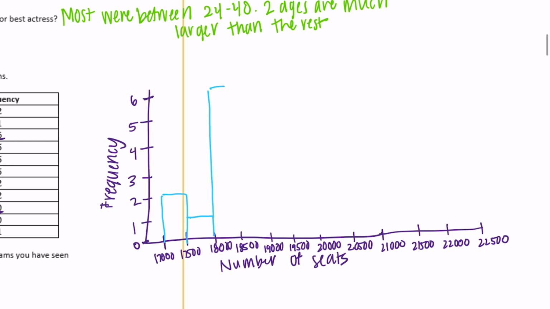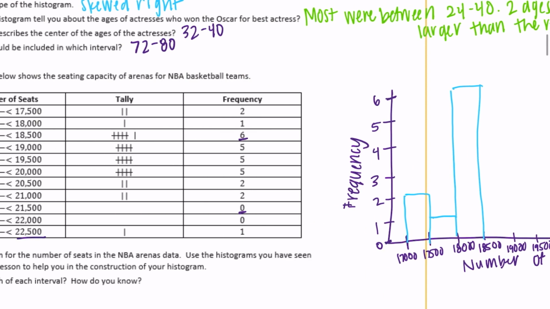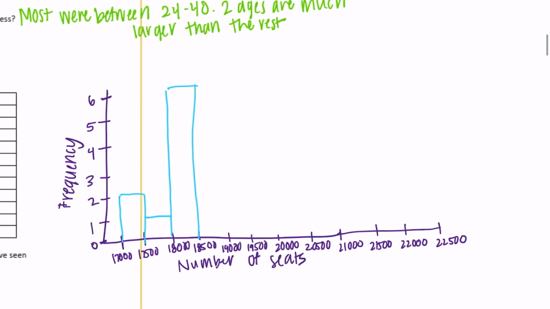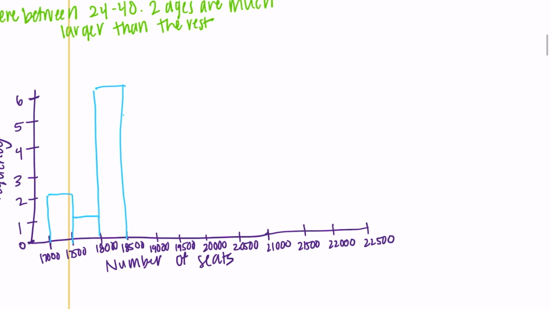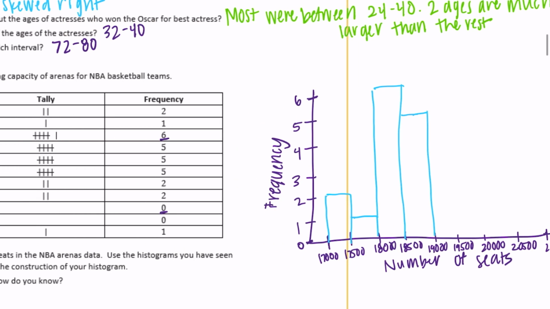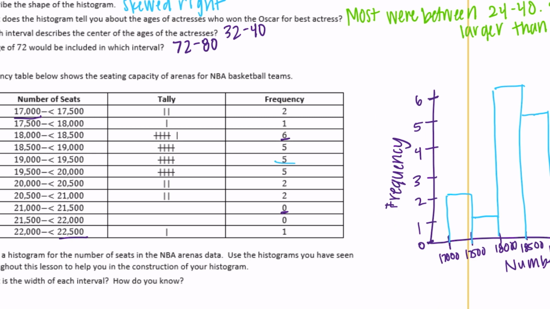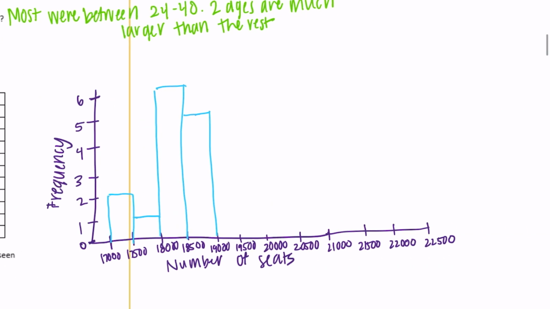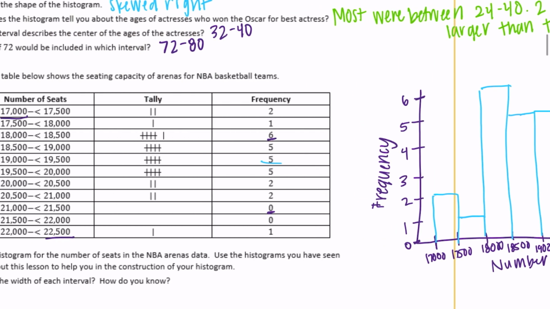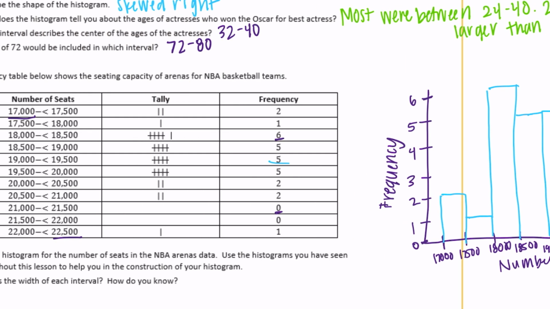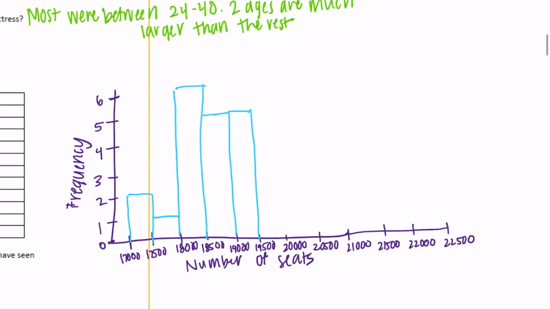So all the way up to 6. 18,500 to 19,000 is 5. 19,000 to 19,500, this one is also 5. 19,500 to 20,000 is another 5.